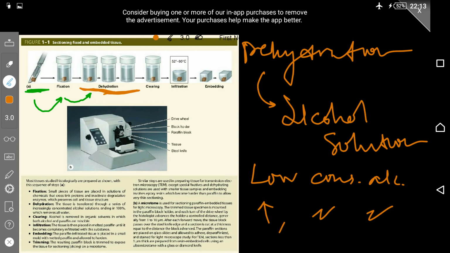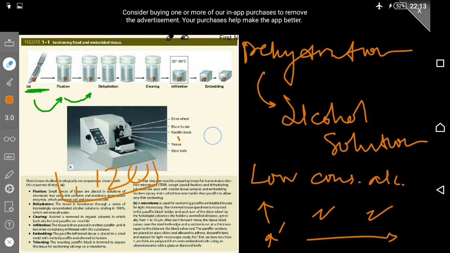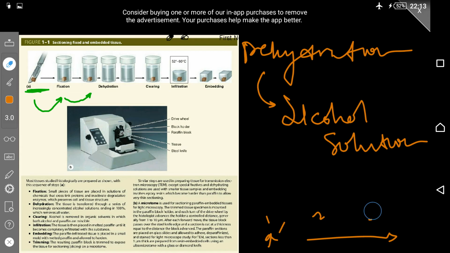The third one will have higher than that, and the last one usually will have 100% alcohol in it, meaning that when the fixated tissue reaches the final stage of the dehydration step, the water, or H2O, is taken out of it completely, and no water remains in there, and alcohol takes the place of water. This step is the dehydration step.